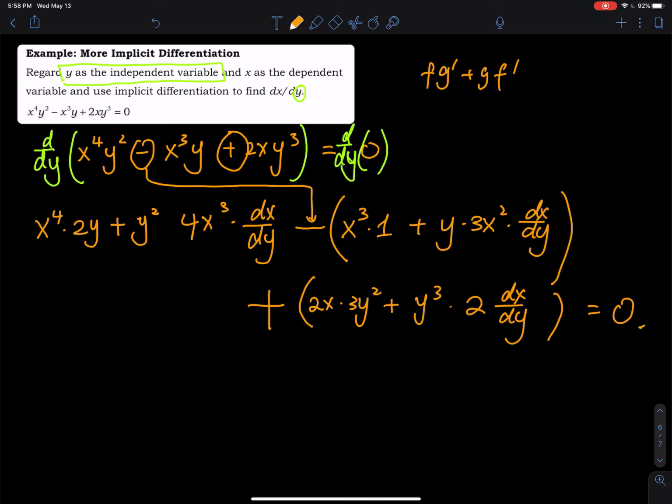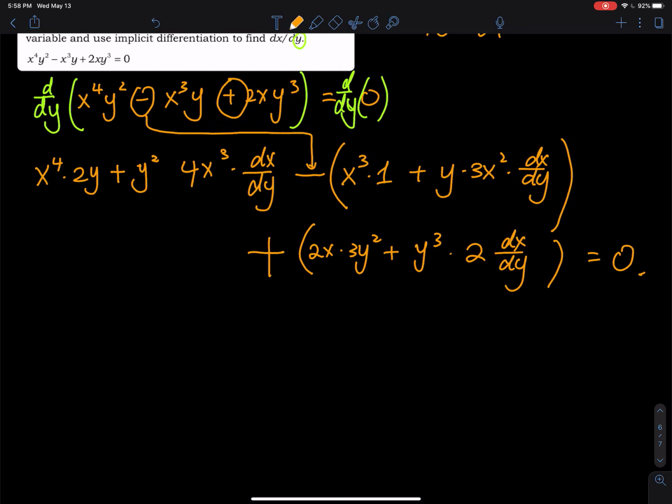All right, we have to open up all the parentheses and then keep dx dy on one side. So we have x to the 4th. We let the 2 go first, right? So we have 2x to the 4th y, and then minus 4x to the 3rd y squared dy dx. No, dx dy. I already got used to it. That's why we have this problem. dx dy.